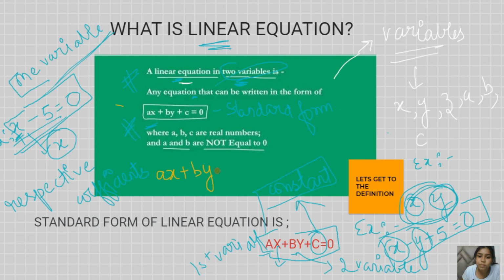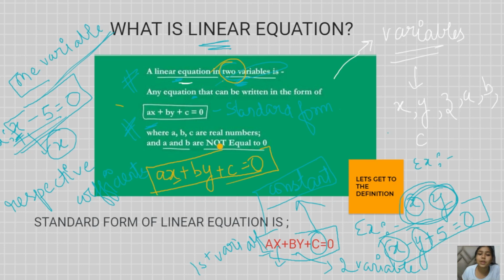This is particularly for linear equations in two variables. This is not for linear equations in one variable, because in that case only one variable is used. But in this case, as we have to study two variables, we have to use the two variables. So this is the standard form for the linear equation in two variables.